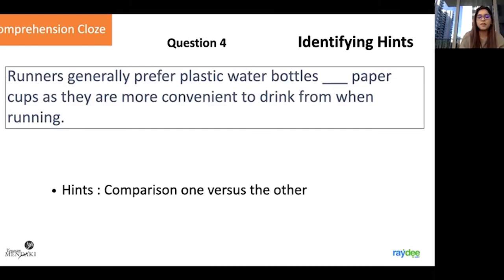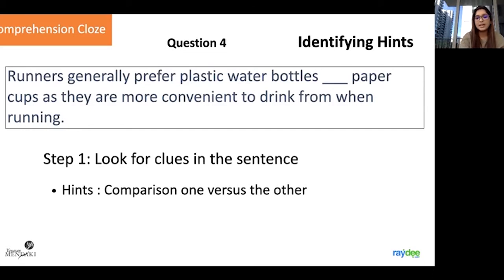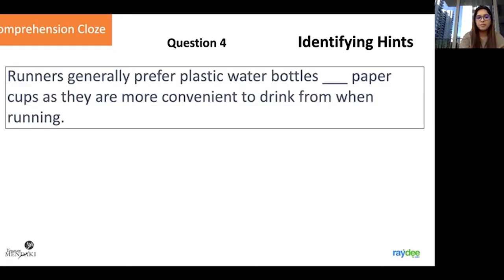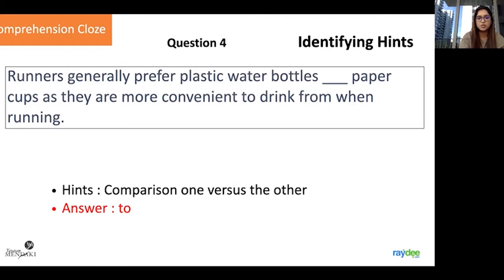So your hints would be comparing how much you like one thing more than the other. So we use the infinitive, which is to. Runners generally prefer plastic bottles to paper cups as they are more convenient to drink from when running. So the answer would be to.